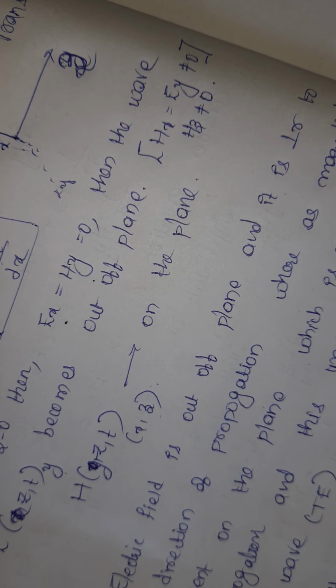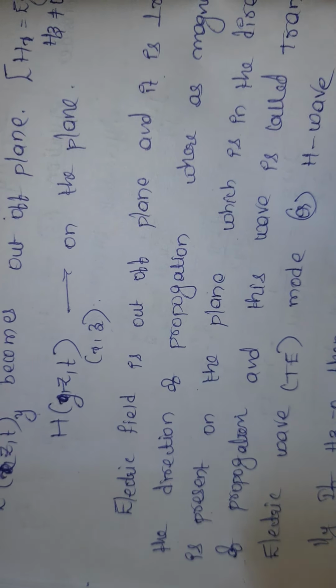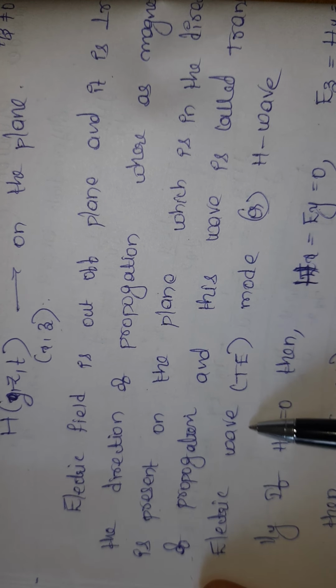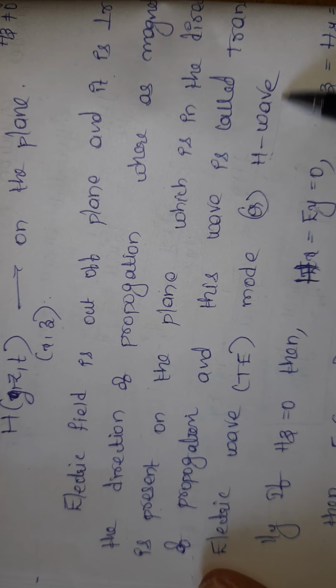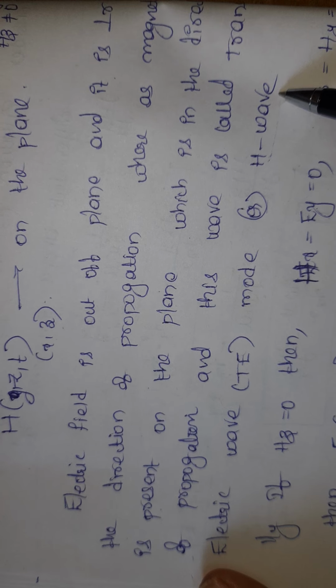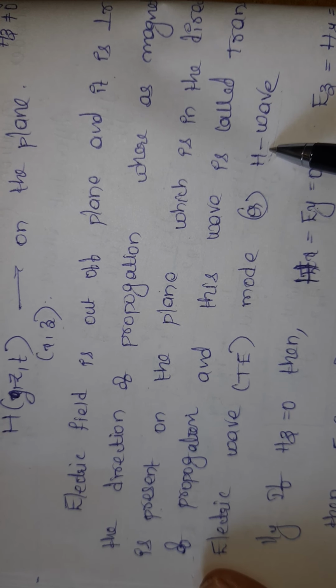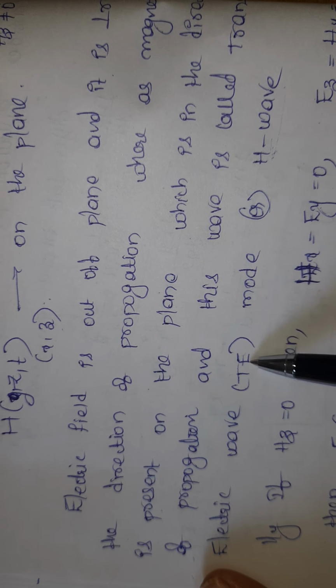So this mode is known as transverse electric mode. This propagation and this wave is called transverse electric wave, TE mode, or magnetic H wave. H wave means the plane wave, magnetic field intensity in a plane, but electric field intensity is out of plane.